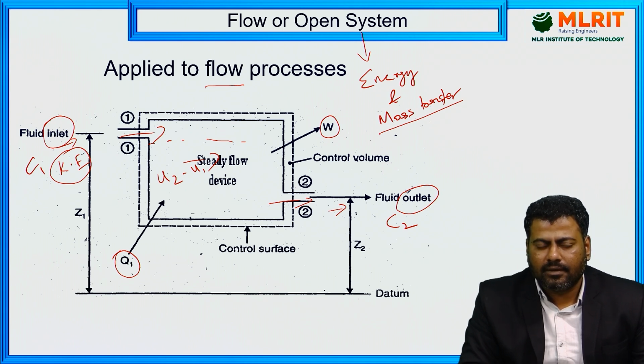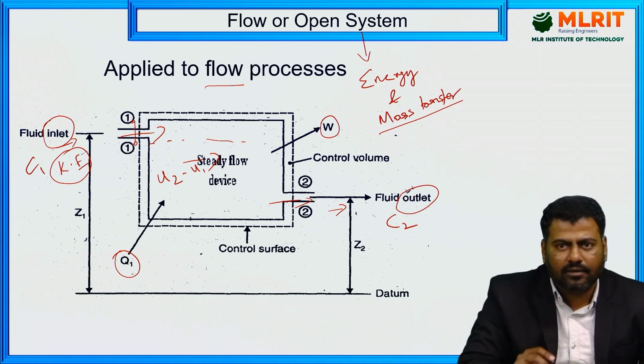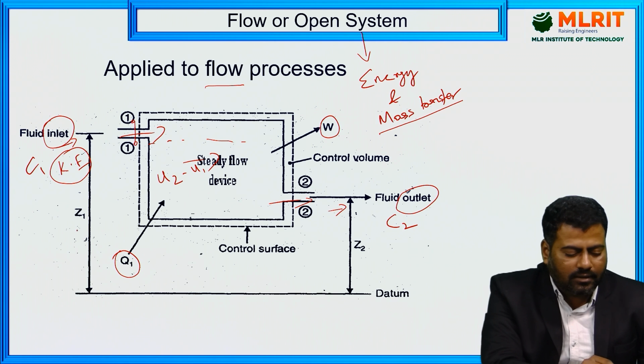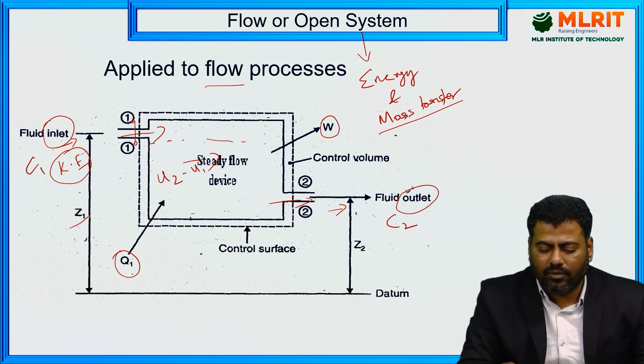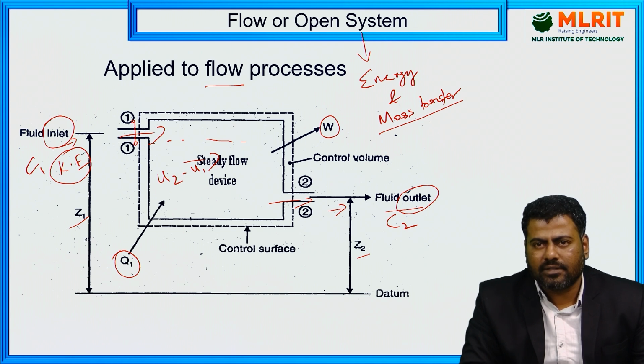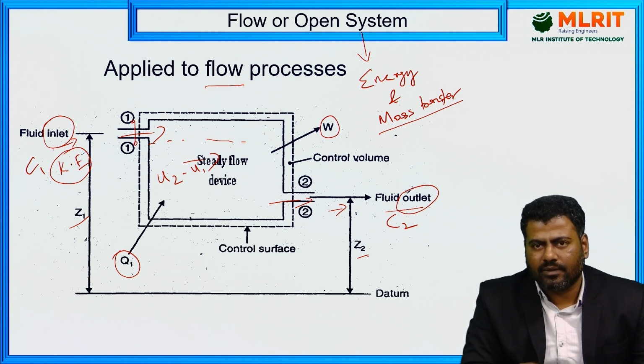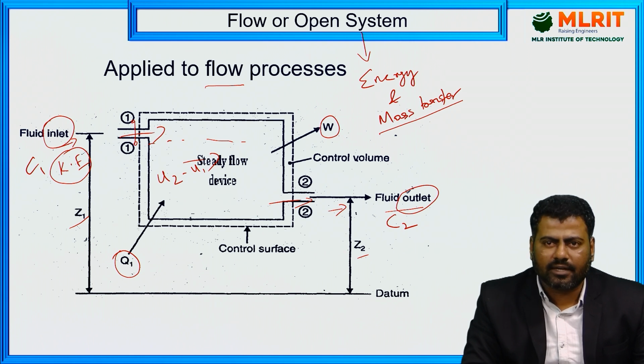Similarly, we have the inlet position, Z1 datum level, and the outlet position, Z2 datum level. Because of this, we are also supposed to consider the change in potential energy. With respect to Z1 we have some potential energy applicable to the inlet, and with respect to the outlet I have Z2. The difference is the change in potential energy.